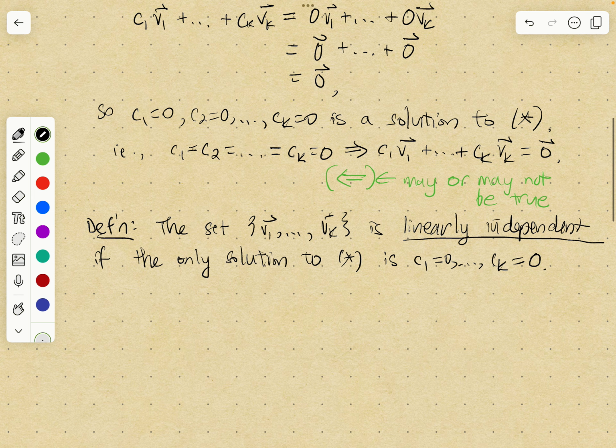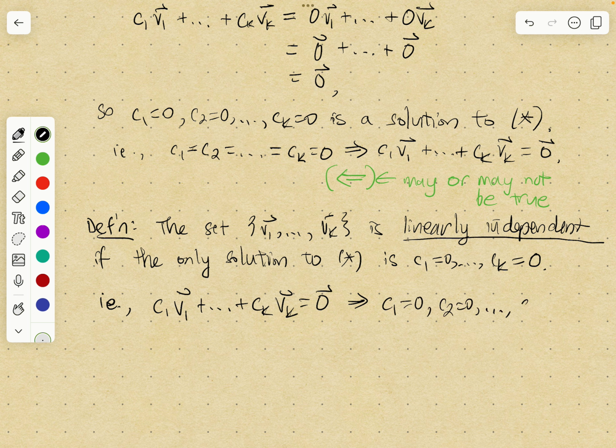In other words, this equation, c1v1 plus dot dot dot plus ckvk is the 0 vector, forces c1 to be 0, c2 to be 0, dot dot dot, ck to be 0.